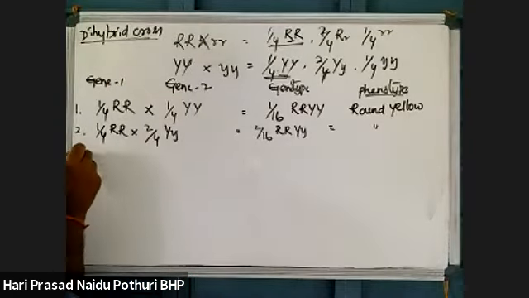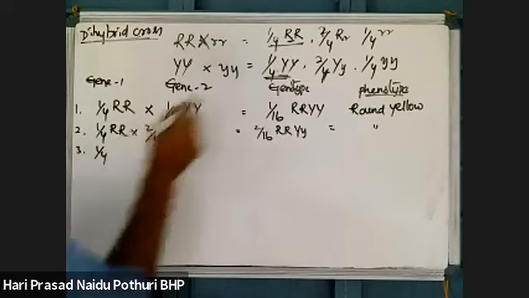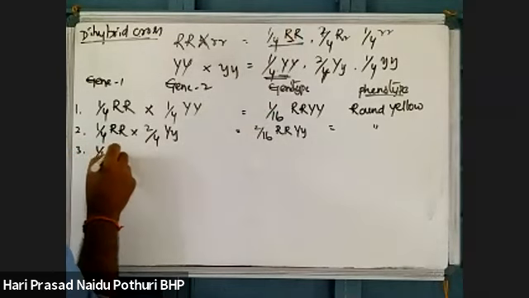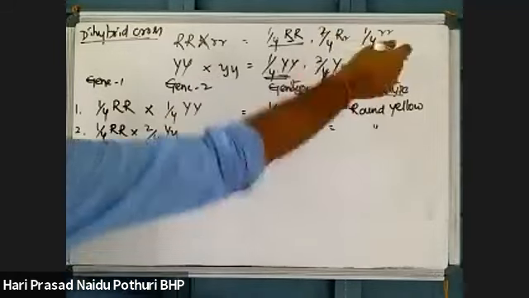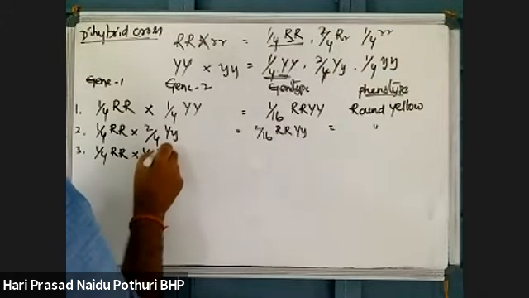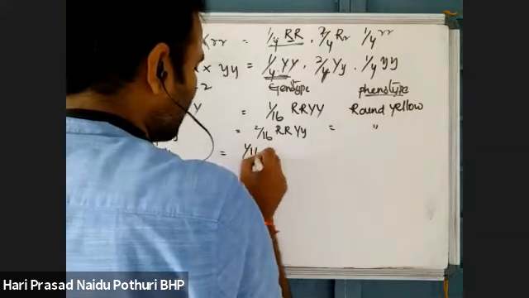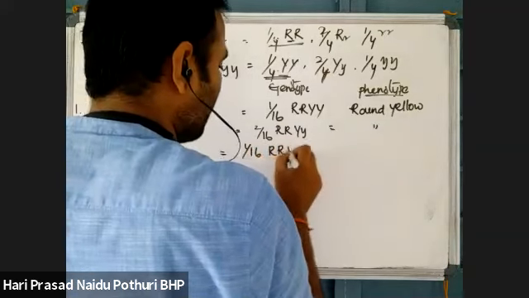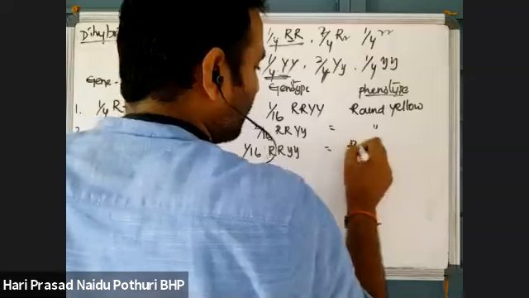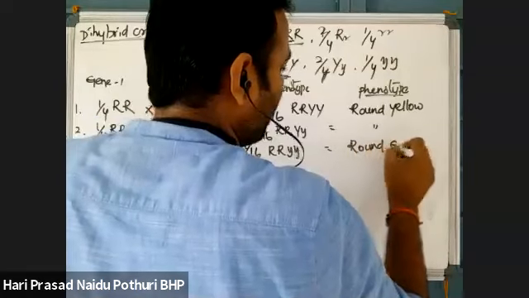Okay, then third one, 1/4 capital R, when it is crossed with 1/4 small y. This will give 1/16 capital R, small y. This is round green.